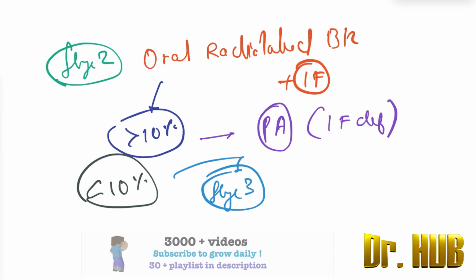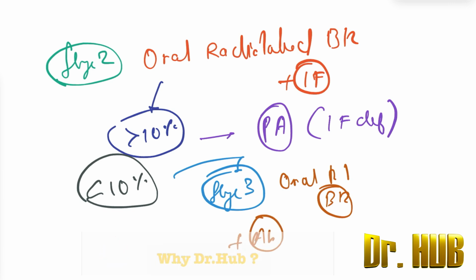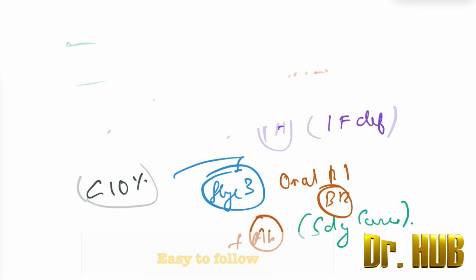Under stage 3, we give oral radio-labeled B12 along with antibiotics, as a 5-day course. Again we check if it is greater or less than 10%.